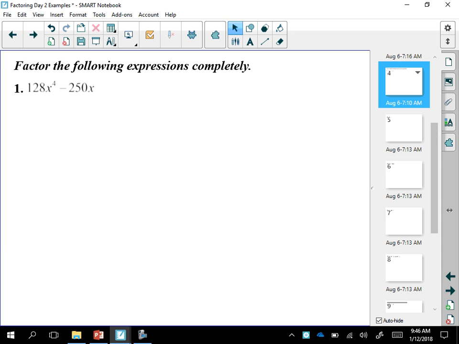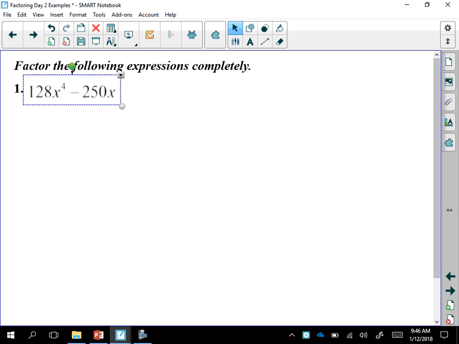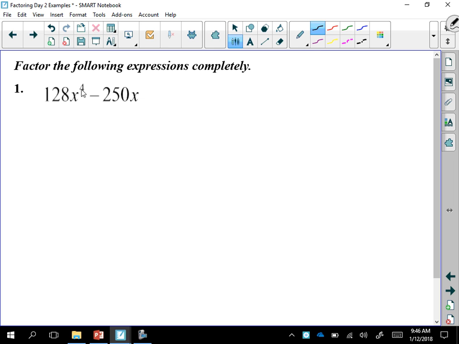We have 128x to the 4th minus 250x. Of course, we always start by looking for a GCF. That's always the first step. And is there a GCF here? Yeah, 2x, which is going to leave me with 64x cubed minus 125.